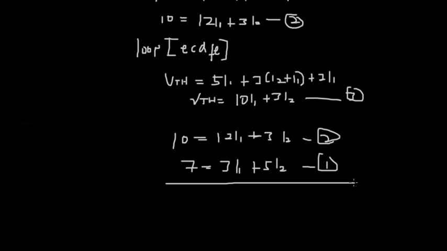So when you solve this simultaneously, we have I1 to be 0.569 amps, and I2 will give us 1.059 amps.